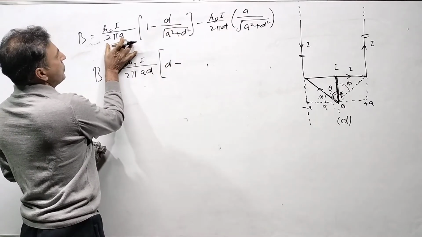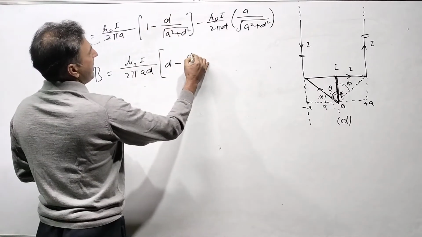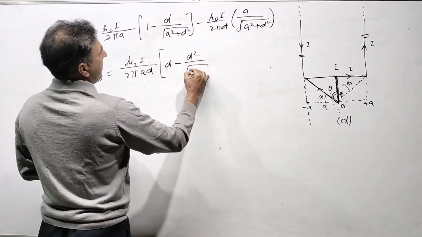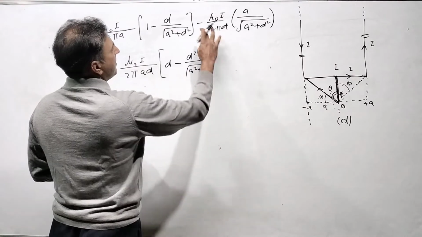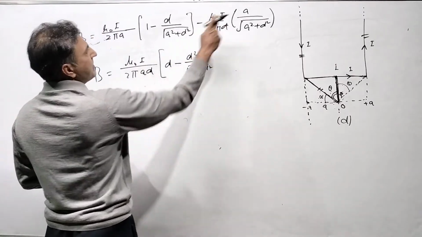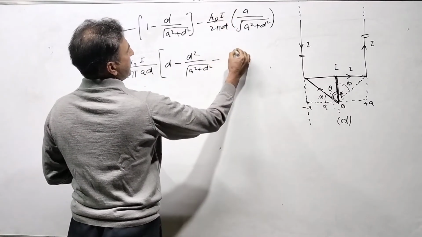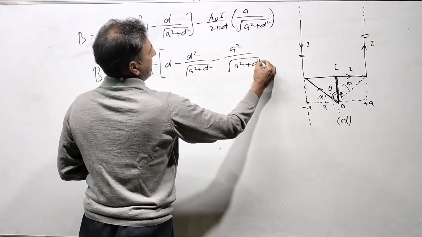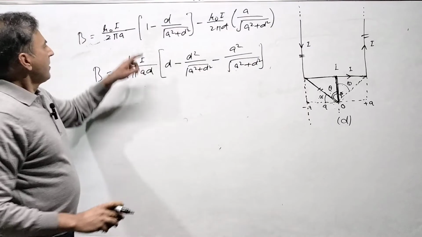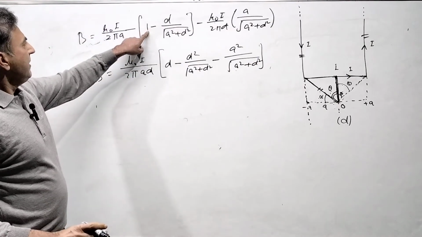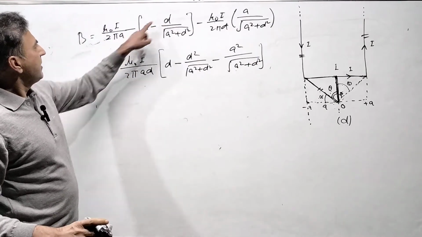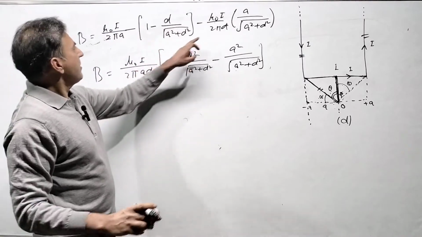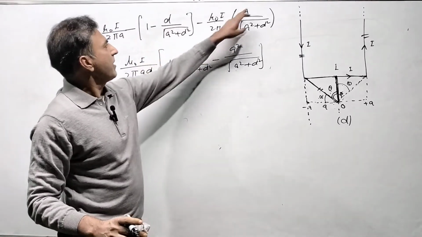Here there's no D, so I will write D square by root of A square plus D square. Here D is there, but A is missing, so I will write minus A square by root of A square plus D square. Here D was missing, so I had to write D, there I should write D square. Here A was missing, D is here, so I had to write A square.